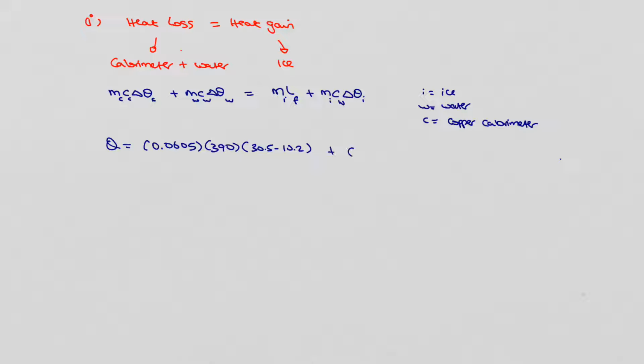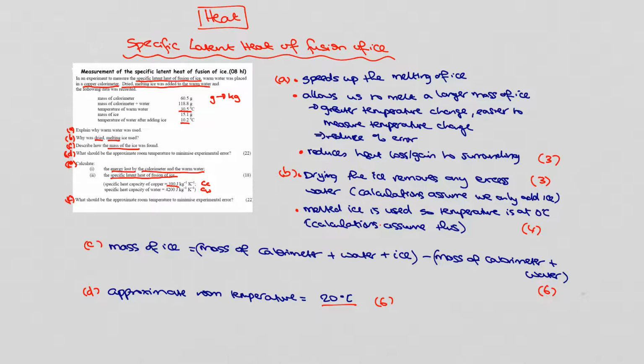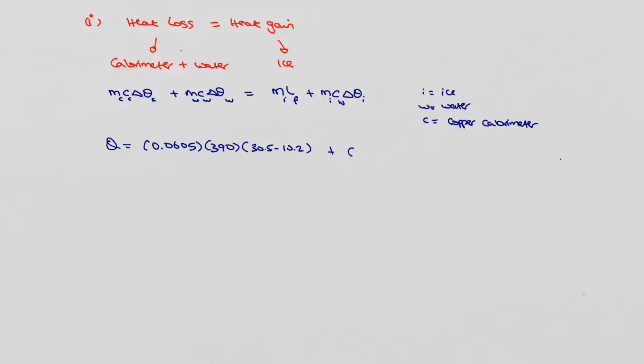Plus the mass of the water. So to get the mass of the water, we saw that we have our calorimeter and our water. So the mass of the water is going to be the difference between the two of these. So to get our water, it's going to be 118.8 minus our 60.5.